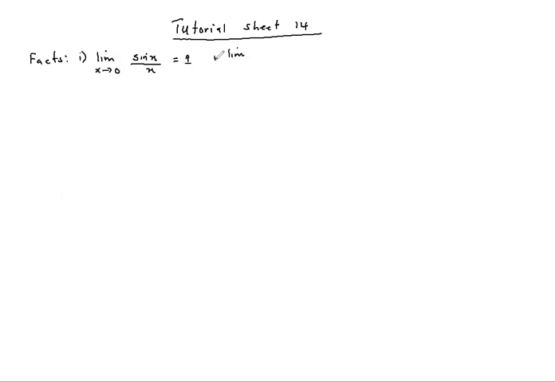And 2, the limit as x goes to 0 of cos x minus 1 over x is equal to 0. Okay, that's what we obtain. So these are just facts. We cannot start proving them in this course. We just use them. We can now go to question 1.